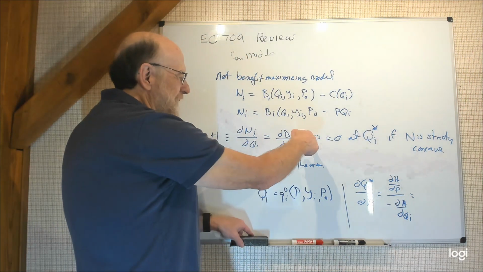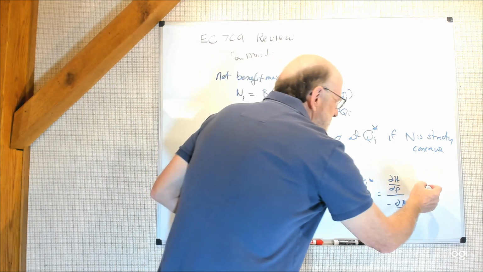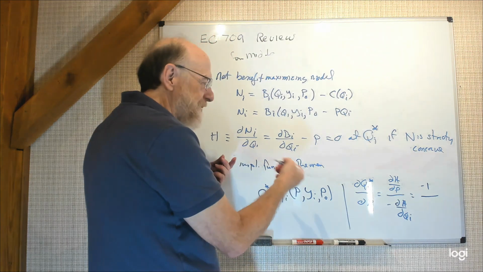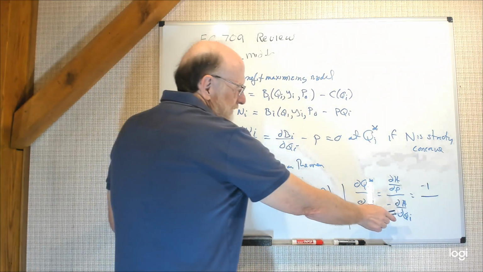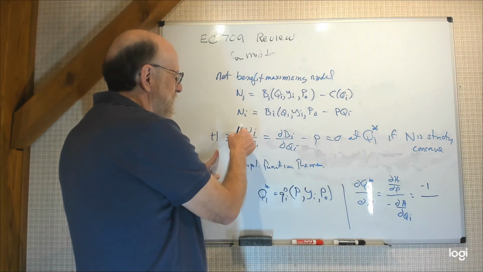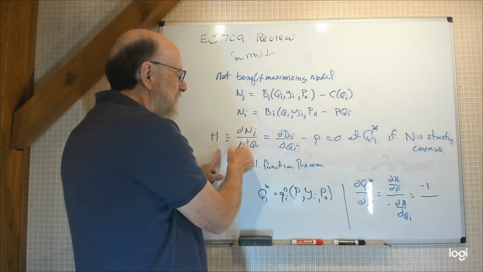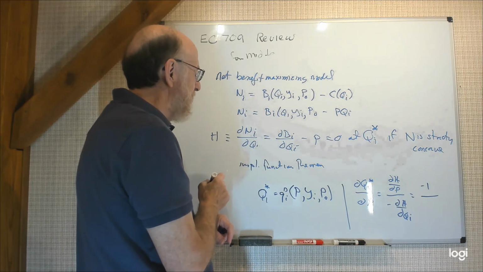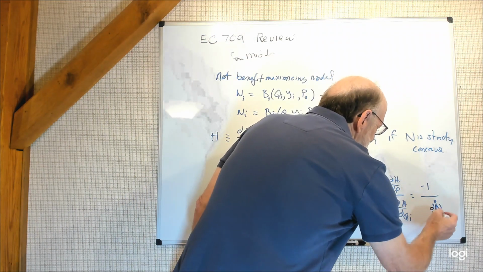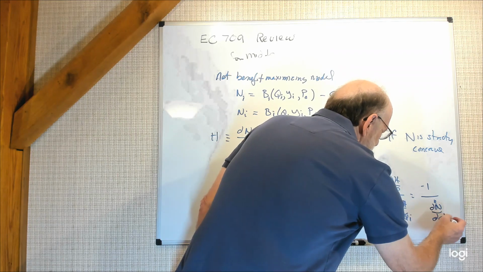If you look at this equation, P just occurs in one spot, it's minus 1. And if you look at the denominator in this particular thing, the derivative of h with respect to q is just the second derivative of n with respect to q. And so you could just write that down as the d squared n over d Qi squared.